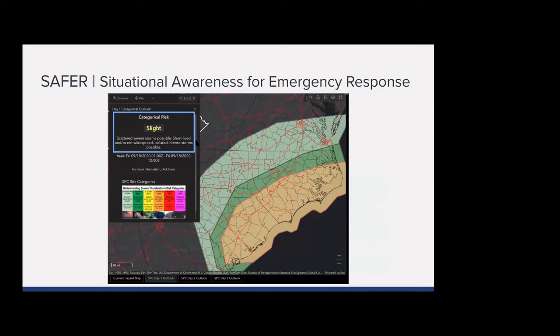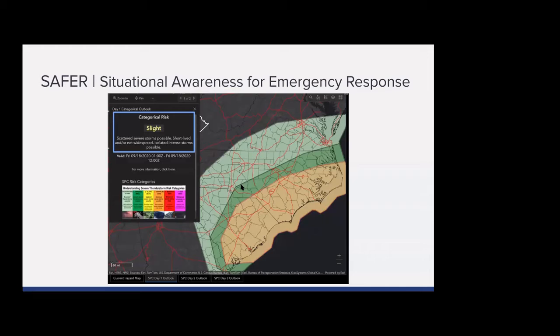Then we can display the broad definition, if you're not very aware when you come into this map of what the SPC's categorical risk stands for. We can define it there for the user. And then at the bottom, we can include this image that will show, okay, you're here in yellow and you're at a 2 out of 5.